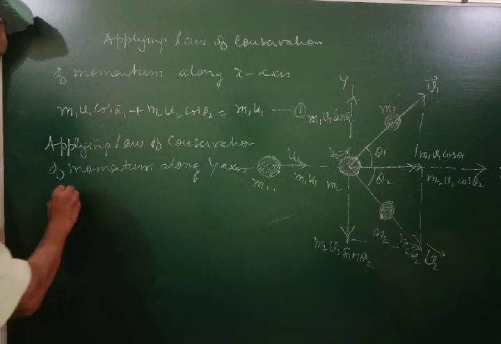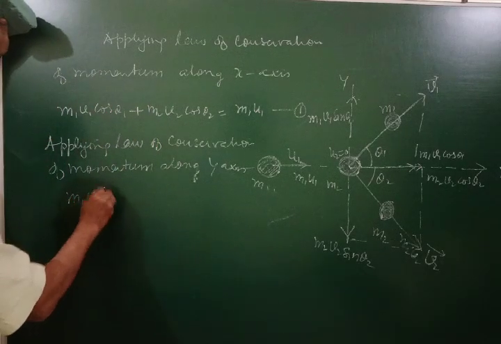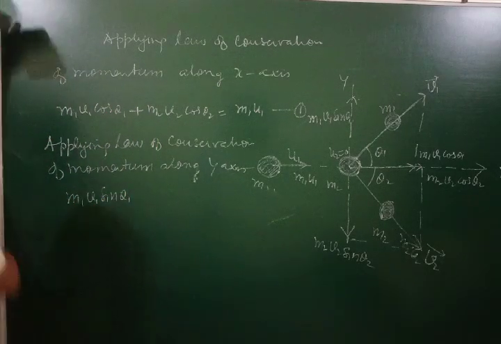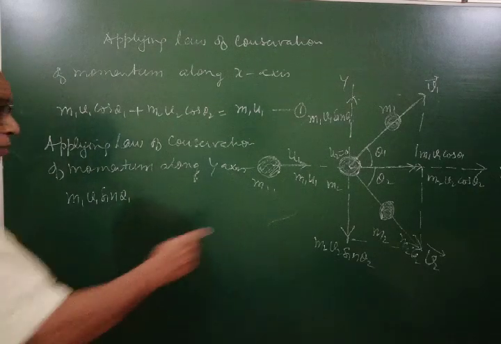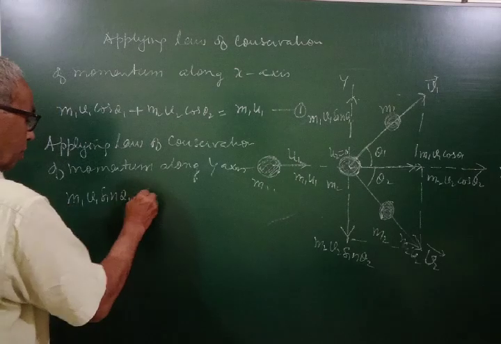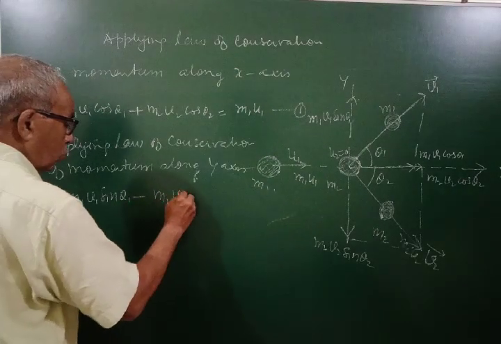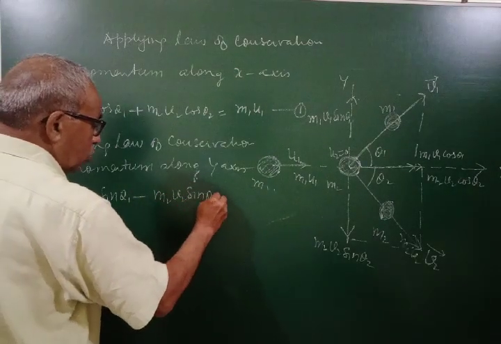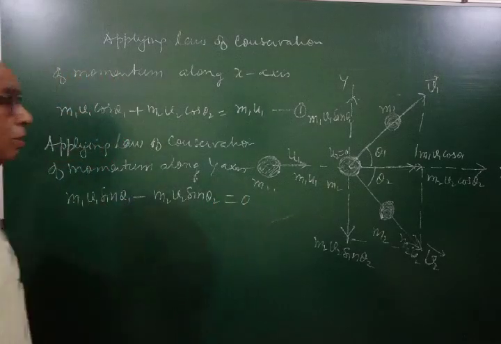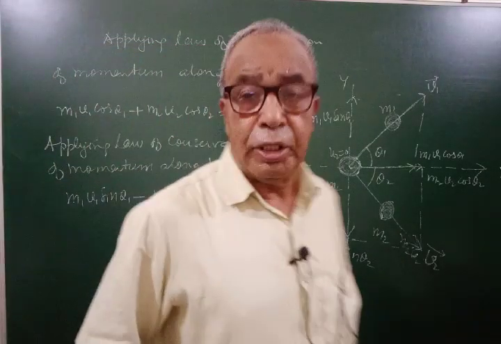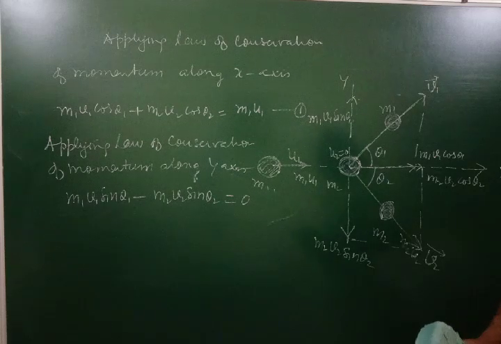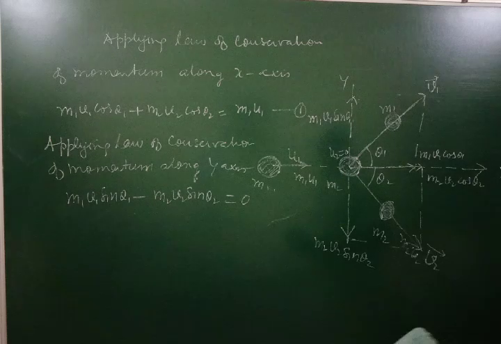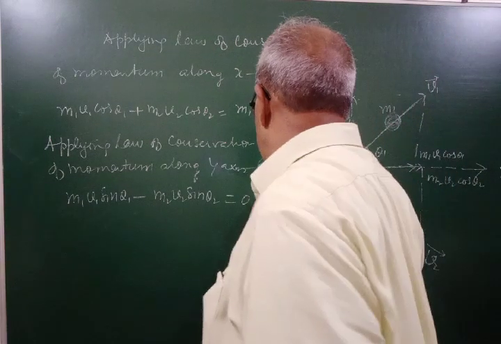So here m1 v1 sin theta 1, after collision momentum, this is negative, minus m2 v2 sin theta 2, is equal to 0, because initially before collision there was no motion along the y-axis, so no momentum along the y-axis. This is equation 2.